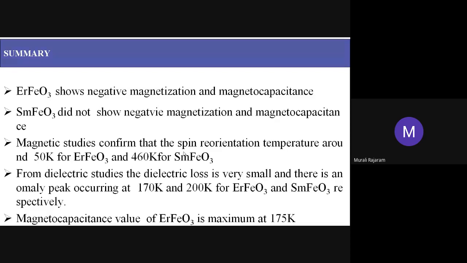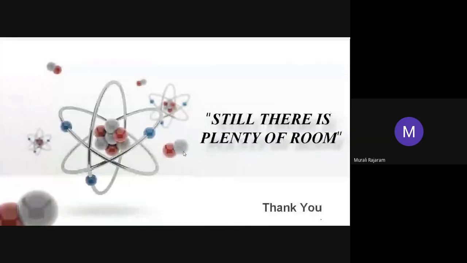With this, I want to conclude with a famous quote: still, there is plenty of room in this multiferroic class of materials for room temperature multiferroics. Okay, with this, I conclude.